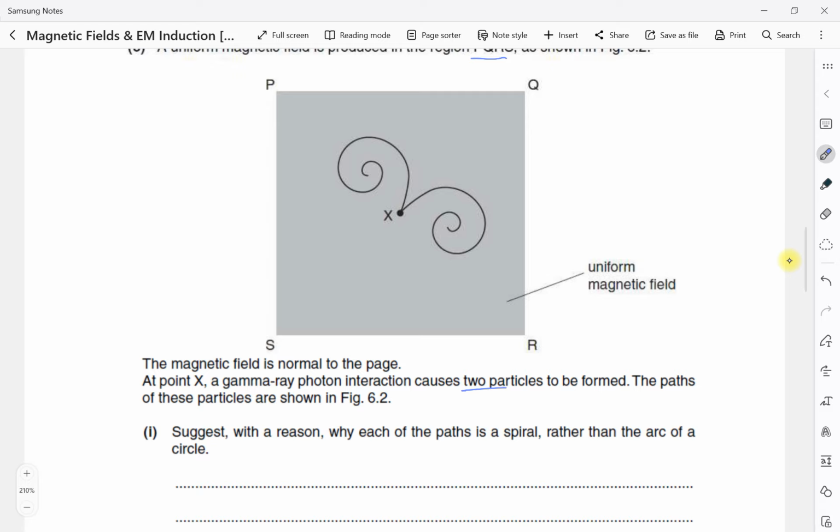The paths of these particles are shown in the figure. Suggest with a reason why each of the paths is a spiral rather than the arc of a circle.